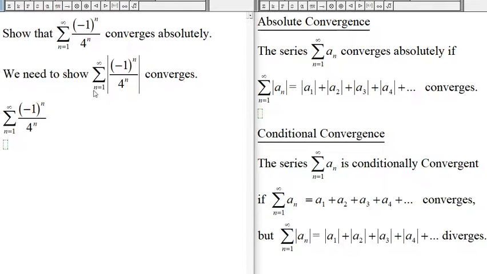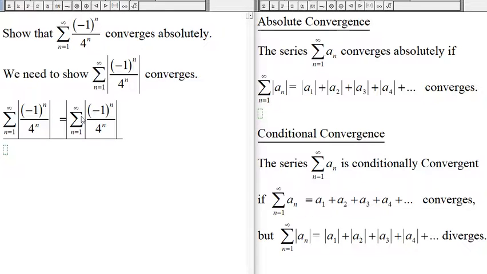the negative 1, and this becomes 1. And this becomes just 1 dividing by 4 to the n, because the absolute value made the negative 1 become positive.